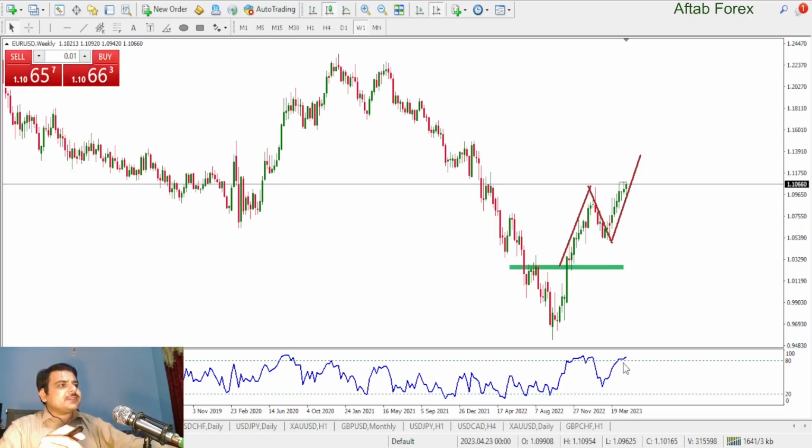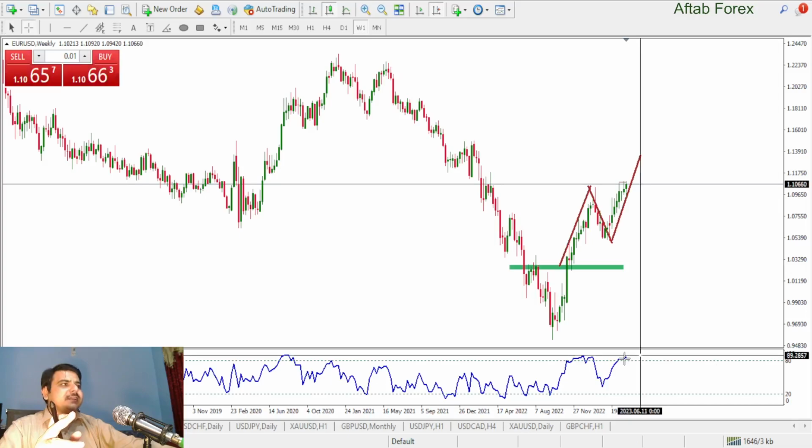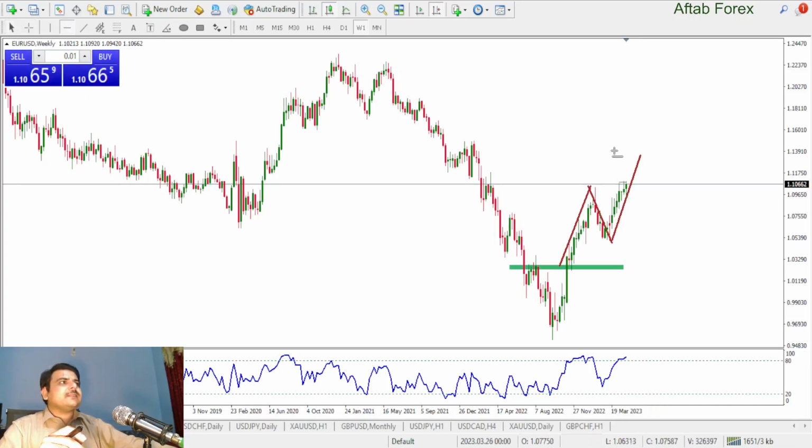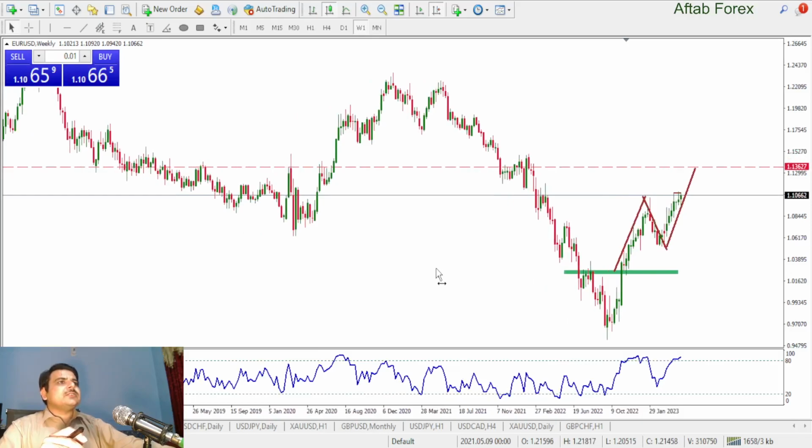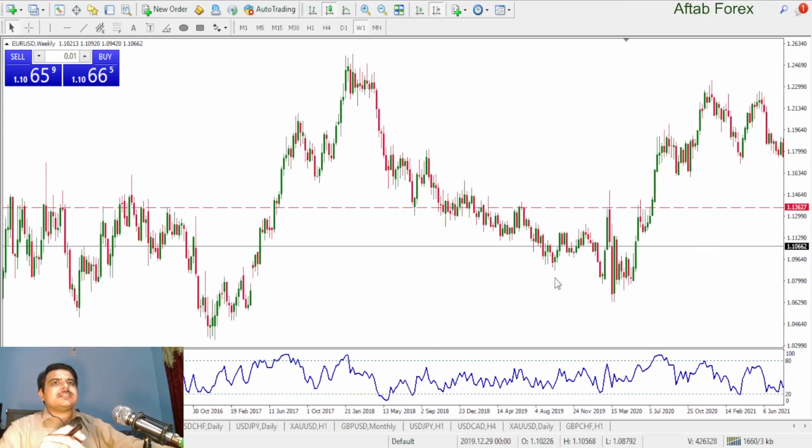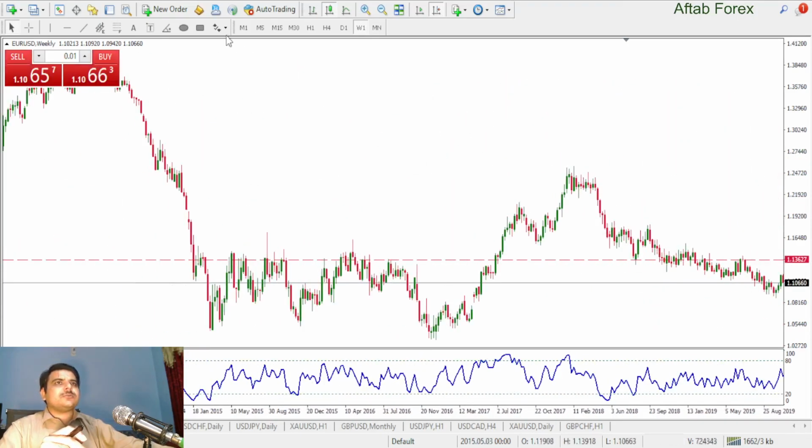RSI conditions at the moment are completely right here. If you see, overbought. The level it is showing me is 1.13627. So let's study this zone for now. Nice resistance right here.